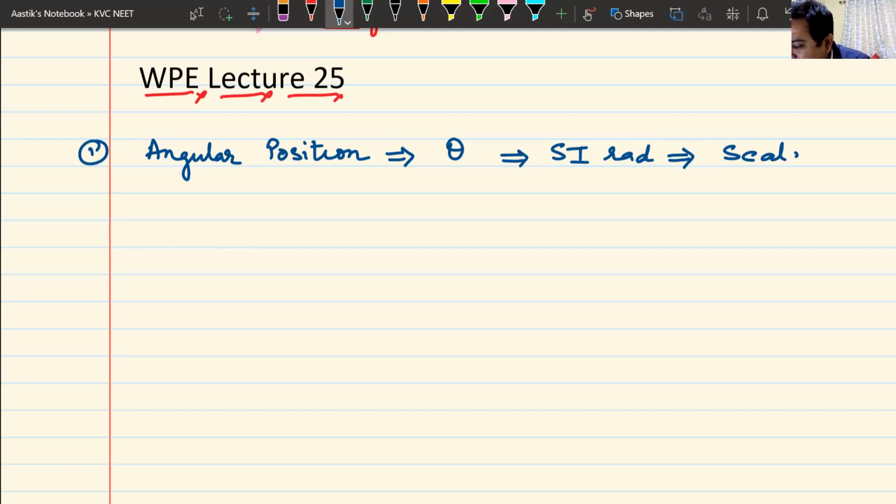Do we understand this? Can I have some raised hands that we understand this? Angular position is the first thing, theta, that we have discussed. Number two. What is number two? Anyone? Any idea what is number two?